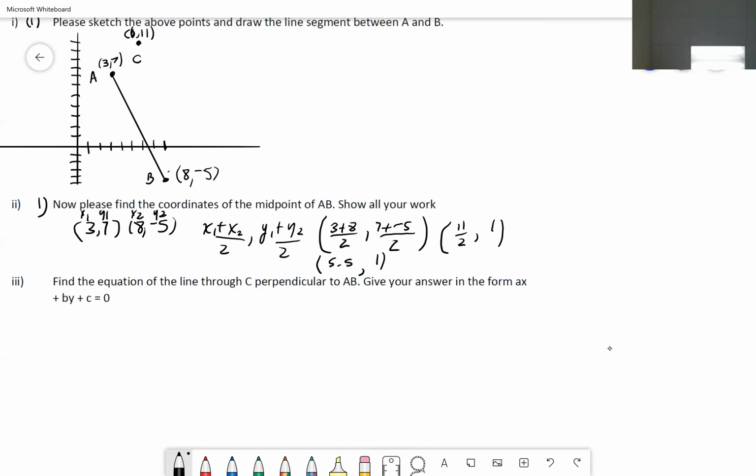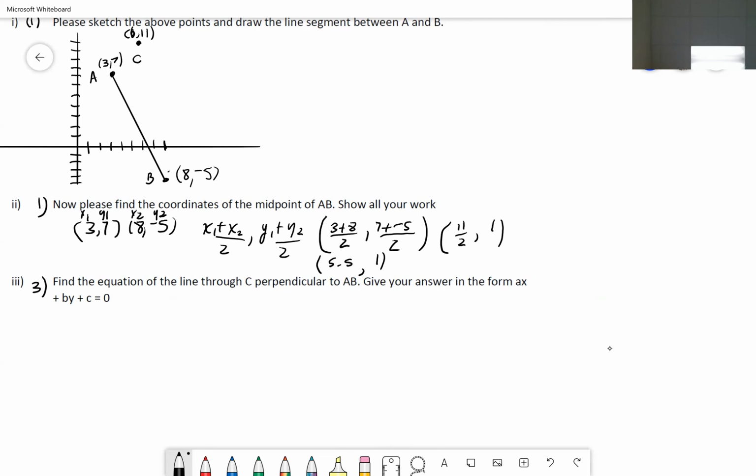Now the next one says find the equation of the line through C perpendicular to AB. I think that this question is worth 3 points. Give your answers in the form of AX plus BY plus C equals 0.